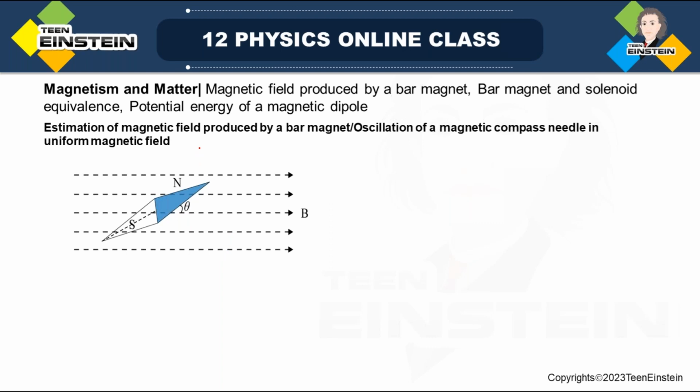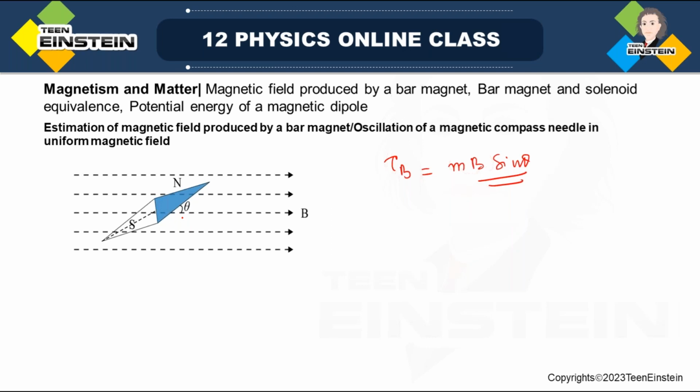Then I can do a simple experiment. If I just take a compass needle and place it inside the region where there is a magnetic field, since it has a magnetic moment, it will experience a torque, right? Magnetic torque. What is that? MB sine theta.